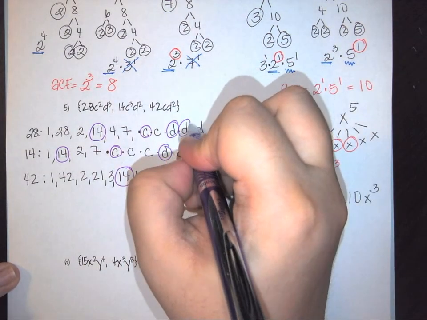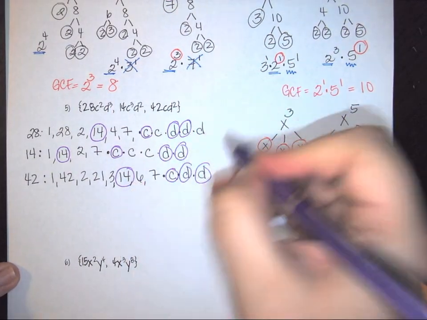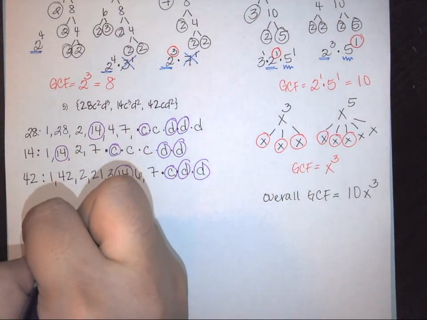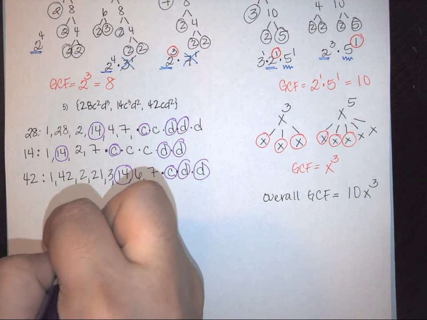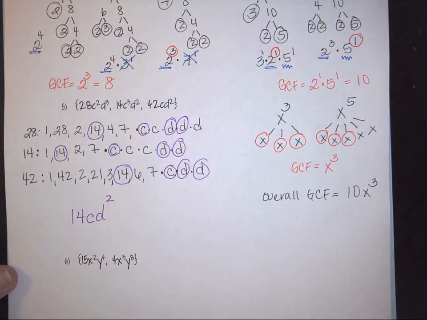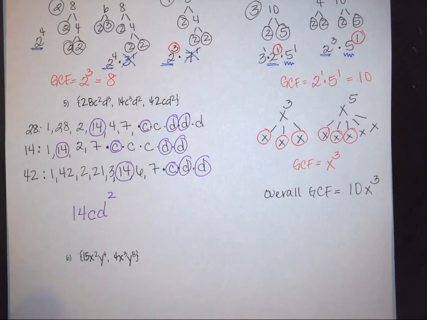And then I've got a d, and a d, and notice I've run out. So if I'm actually looking at it, I would have 14 c d squared. And that would be your greatest common factor.